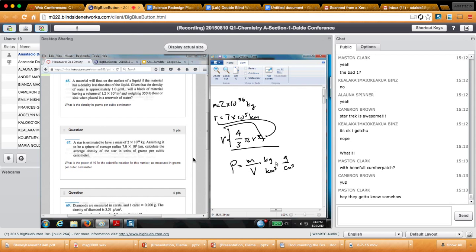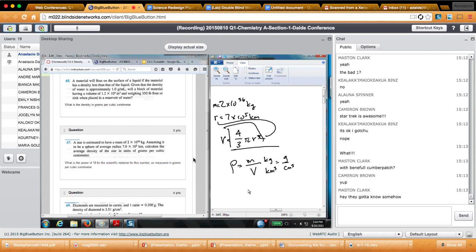I don't have time to do this, but refer to that very first problem I did at the beginning of class, when I said you need to be careful about converting kilometers cubed into centimeters cubed.